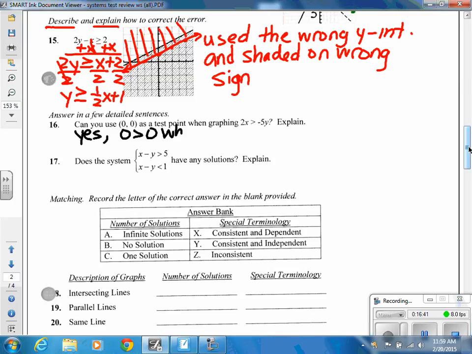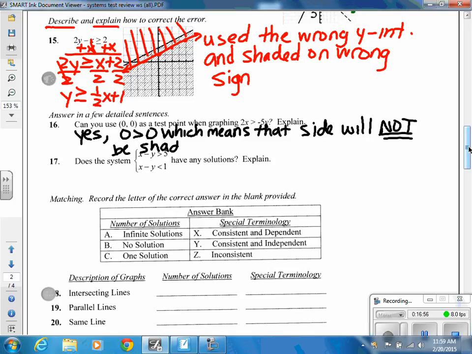Which means that side of the line will not be shaded. Right, so you can use any ordered pair according to the question, and it's asking that. What it means, though, if you stick it in and it doesn't work, is that you don't get to shade on that side. Right, we use common sense more than we use the test point, but you have that as an option.